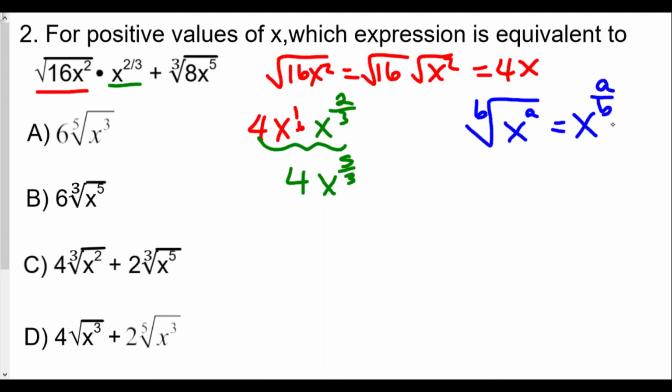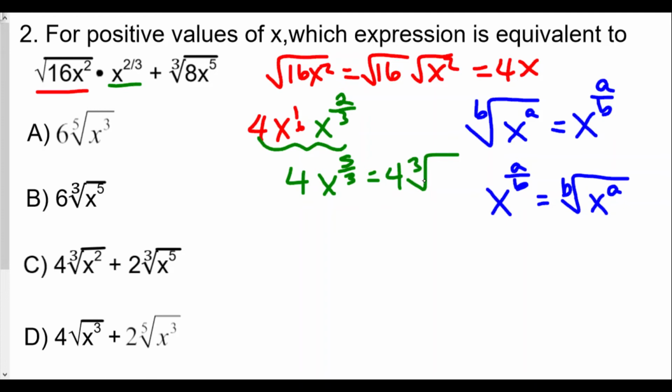In the same way, a number raised to a fractional exponent can be expressed as a radical, where the denominator b is the index, and a is the exponent of the number underneath the radical. So it works both ways. We're going to change this 4x to the 5/3 to 4 times the cube root, meaning the index is 3, of x to the 5th power.